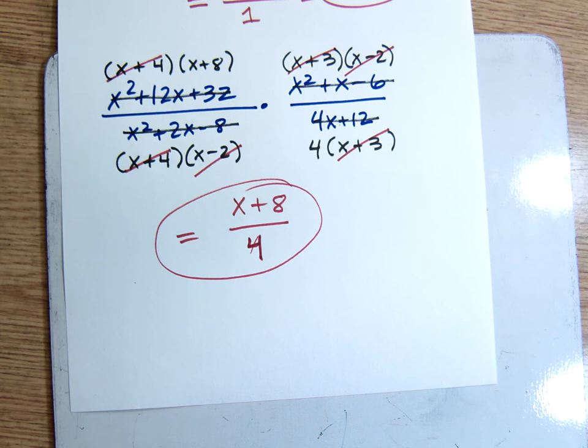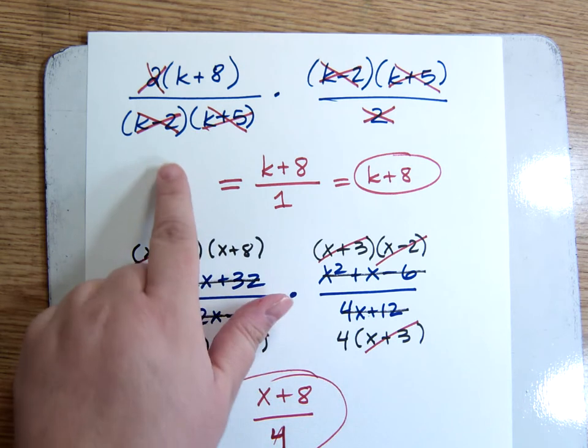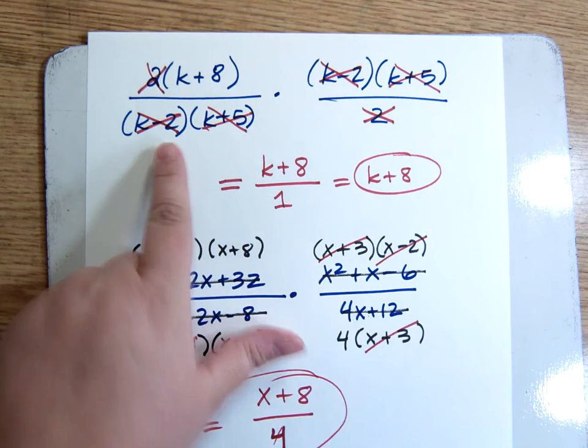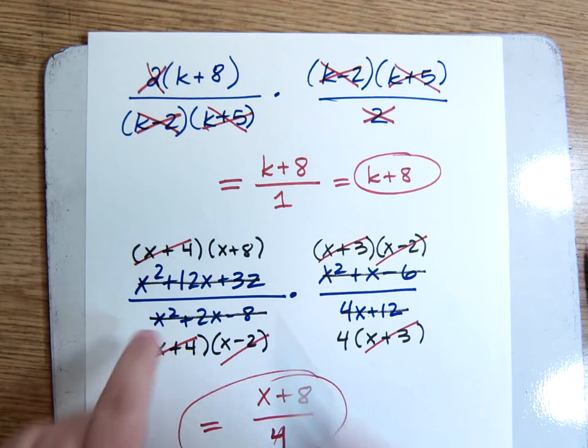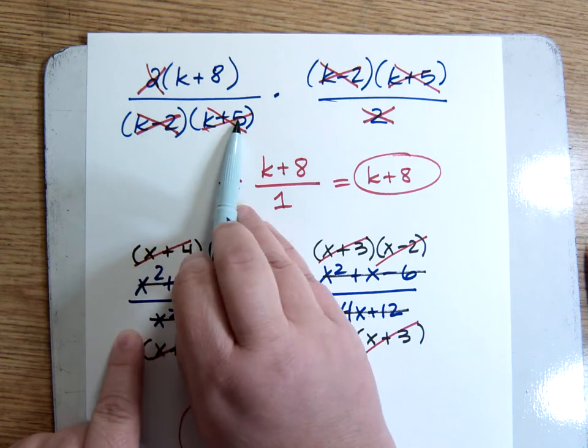Okay? 2 little things I want to talk to you about. One is this. If I have fractions that have variables in the denominator, I really should point out that I have domain restrictions. Go back and pretend I didn't cancel and you could still see through the x. K minus 2 would become 0 if k was what? K plus 5 would become 0 if k was what?